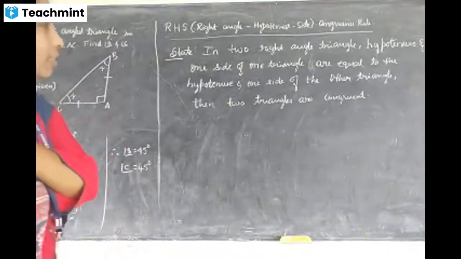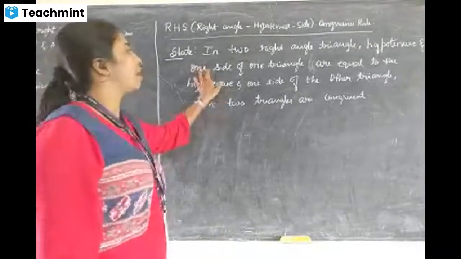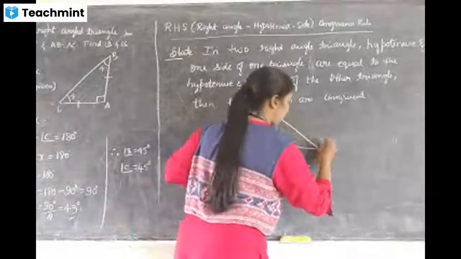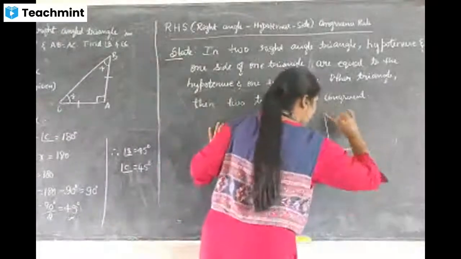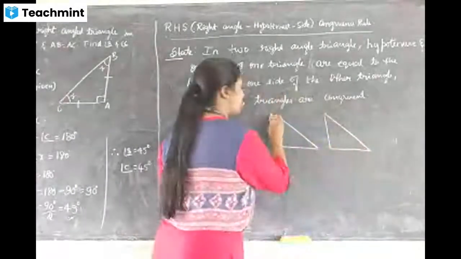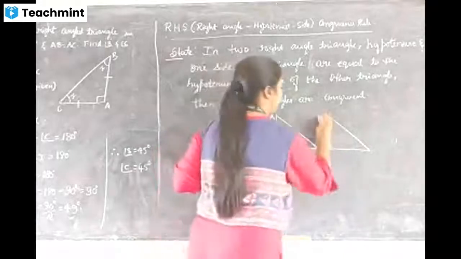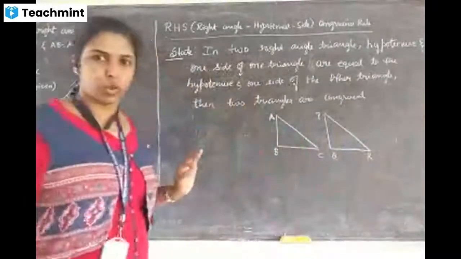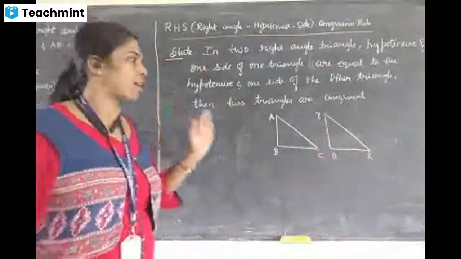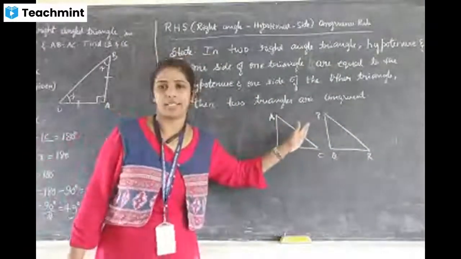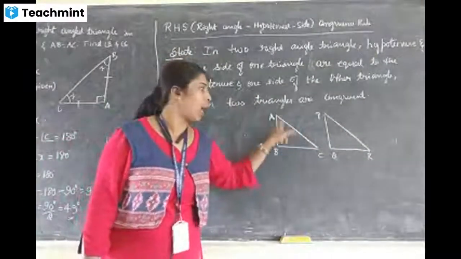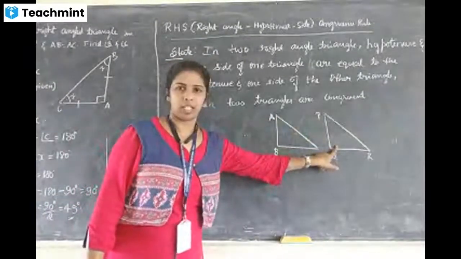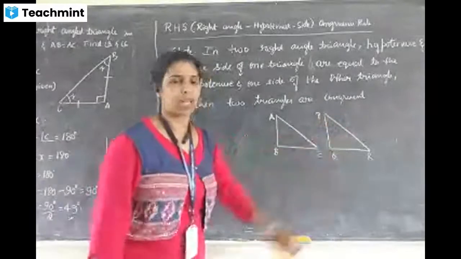In two right angle triangles, hypotenuse and one side. So I will take one right angle triangle here and one right angle triangle here, and name them ABC and PQR. You know already the hypotenuse comes opposite to the 90 degree. The 90 is here, so the hypotenuse is AC. Q is 90 here, opposite to 90 is the hypotenuse.